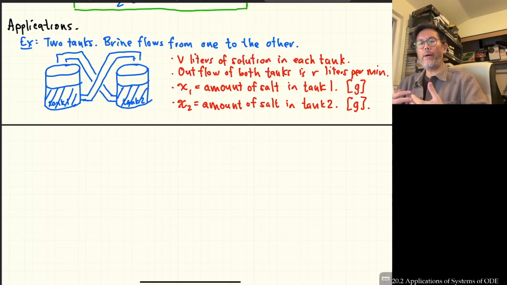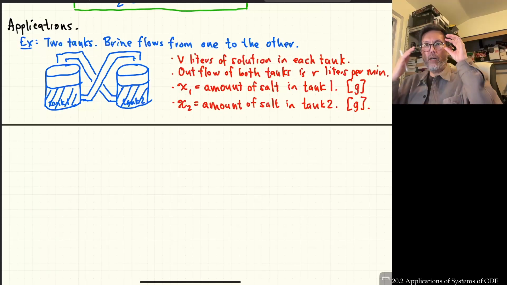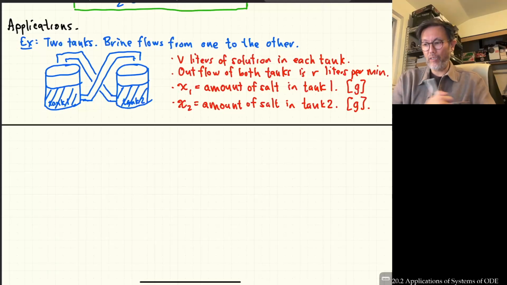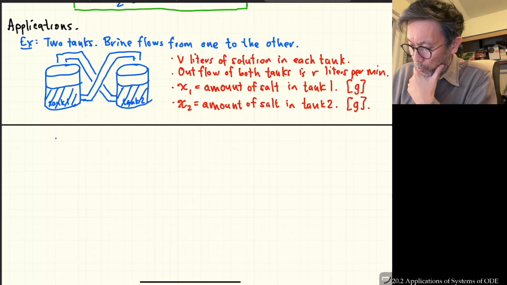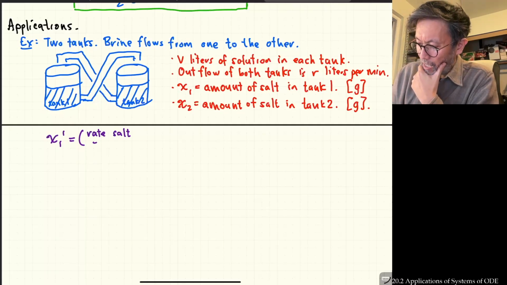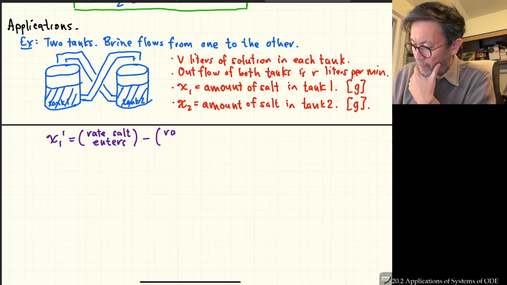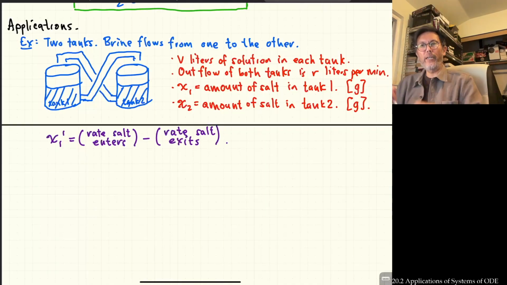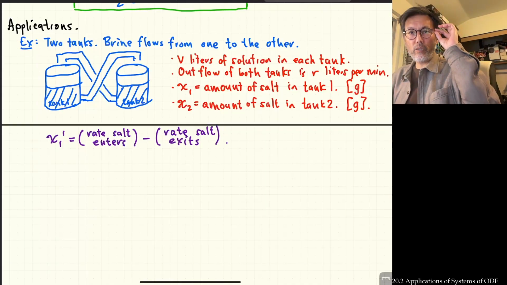We're going to think about the rate at which salt is entering minus the rate at which salt is leaving. So let's just think about x1 prime, for example. This is the rate salt enters tank 1 minus the rate salt exits tank 1. Right? Rate in minus rate out. That's all I'm saying. Okay?